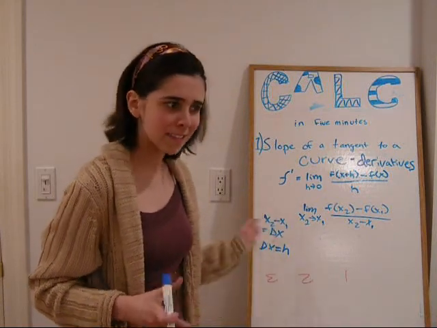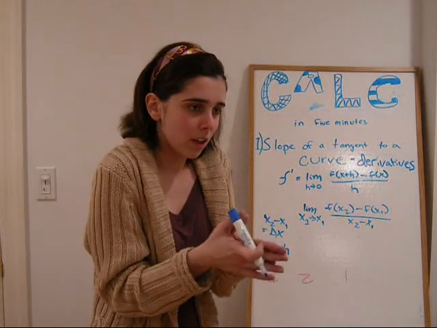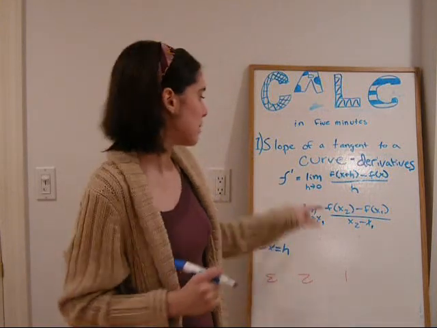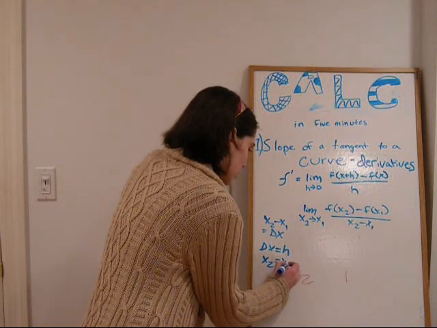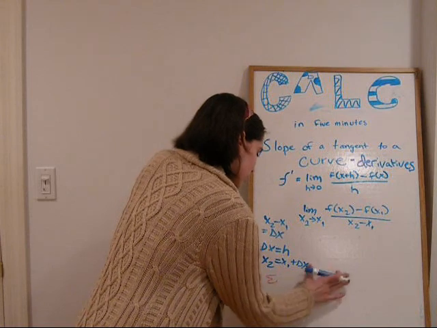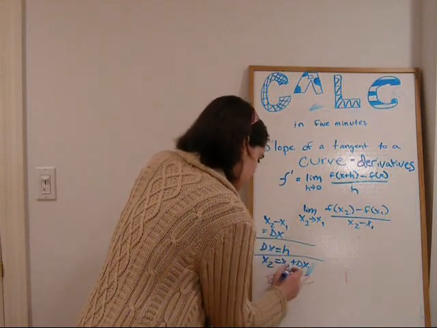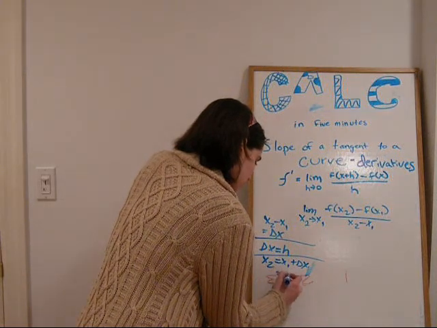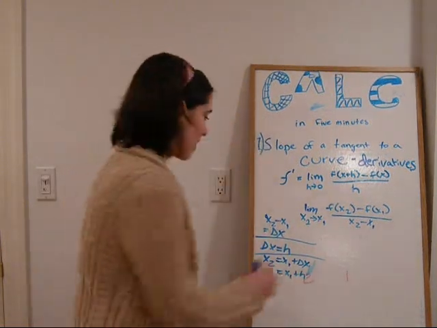Because x sub 2 is getting so much closer to x sub 1 that if you subtract them, it's going to be basically 0. x sub 2 equals x sub 1 plus delta x, which equals x sub 1 plus h, right?